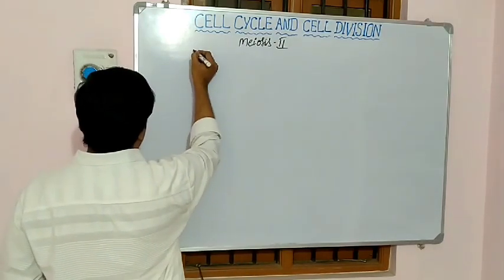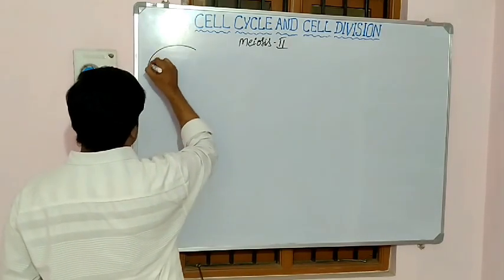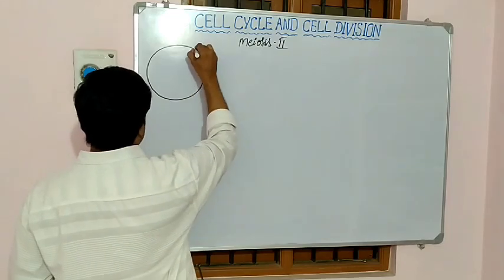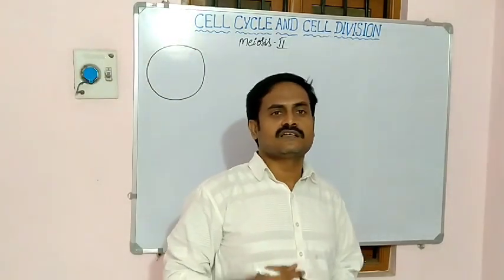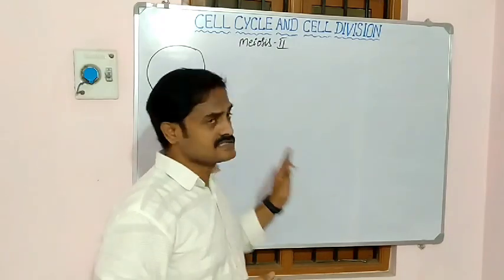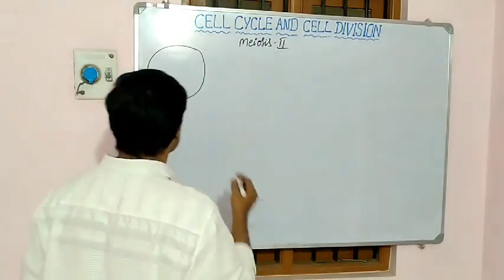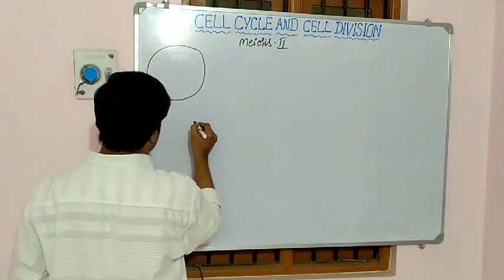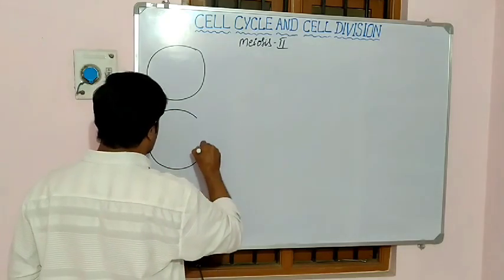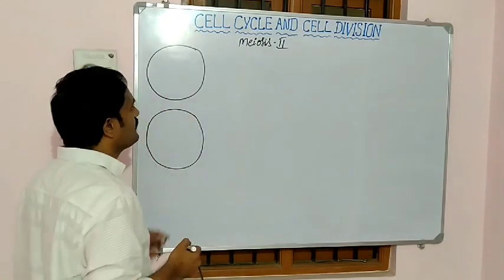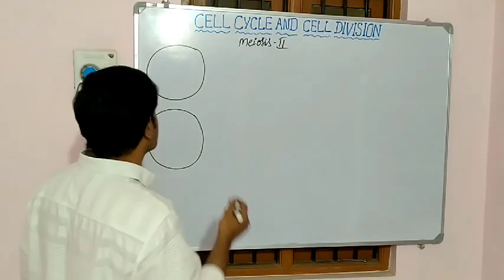See, what are the cells present in meiosis 1? Those cells are involved in meiosis 2. Remember. See, I draw here two cells which are produced from meiosis 1.